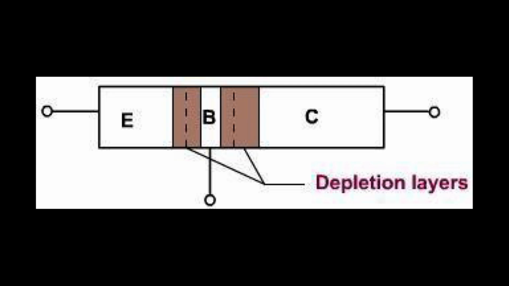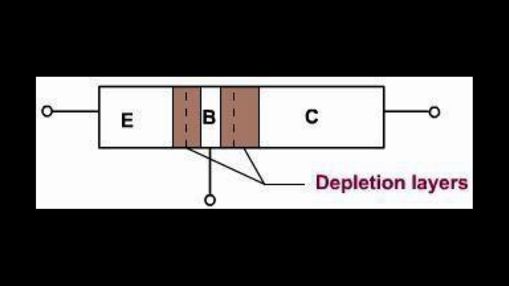Here in this picture, we can see that a depletion layer is formed between the emitter and base junction, and a depletion layer is formed between the base and collector region. The base will be occupied more by the depletion region. This is because the base is lightly doped.